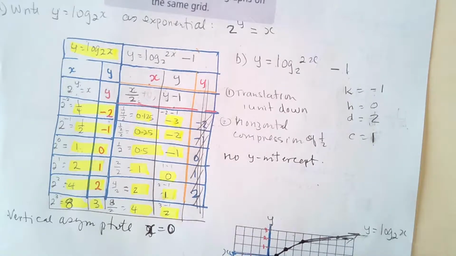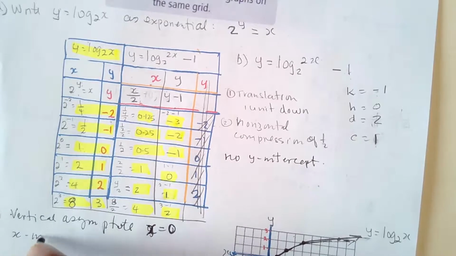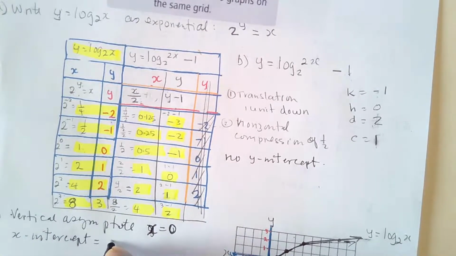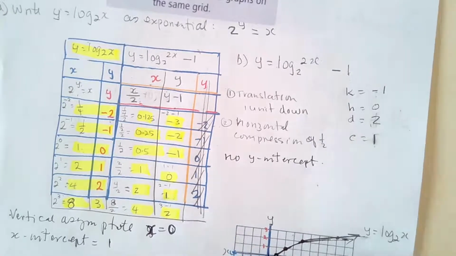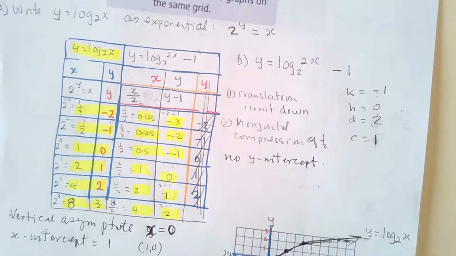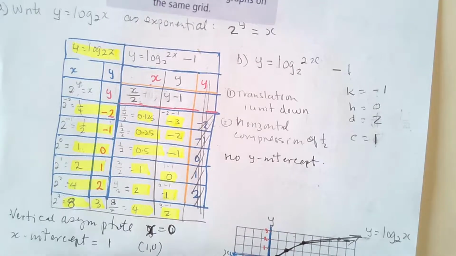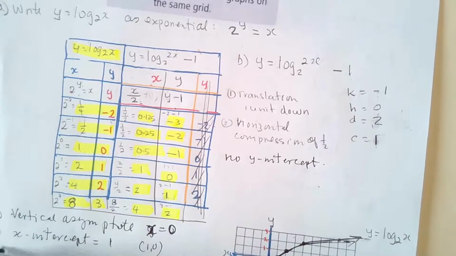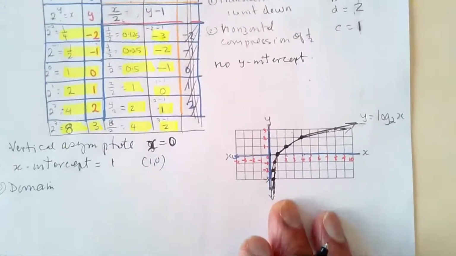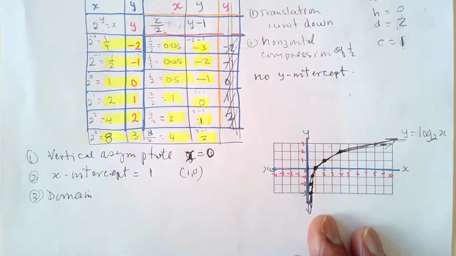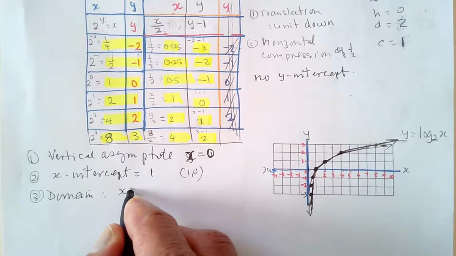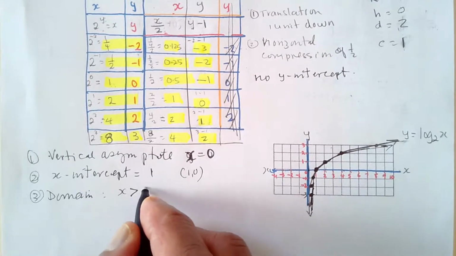Our x-intercept is equal to 1, okay, 1, 0. The domain is where x is greater than 0.